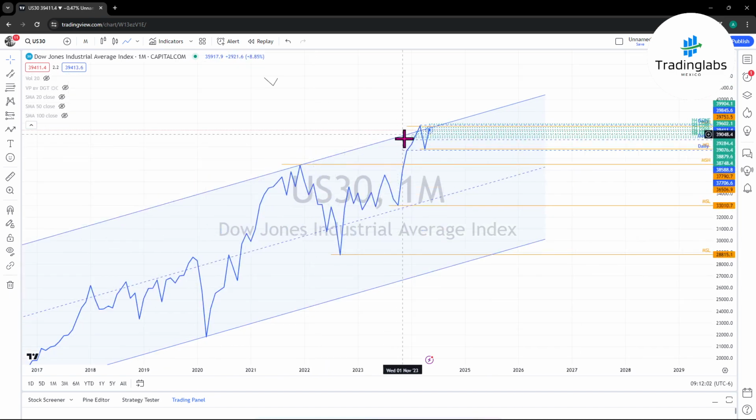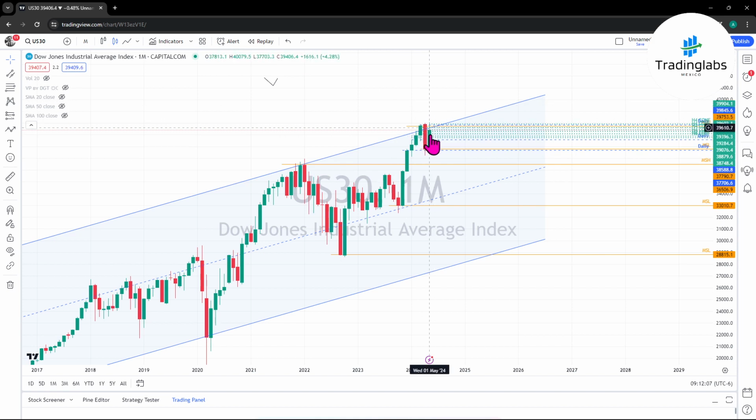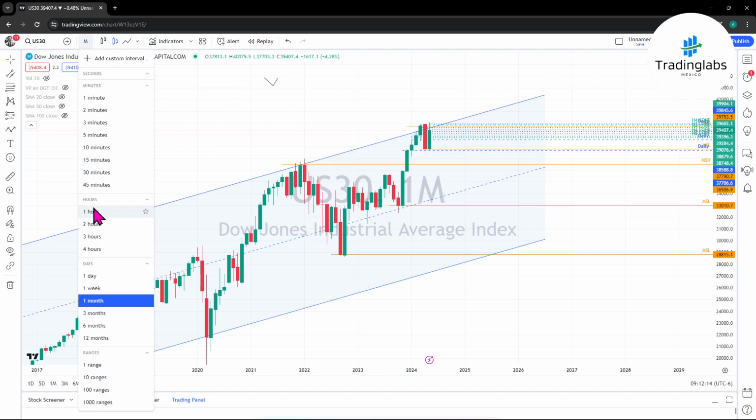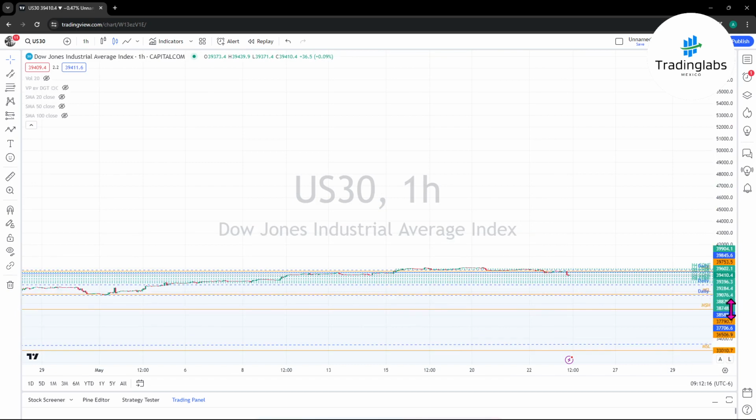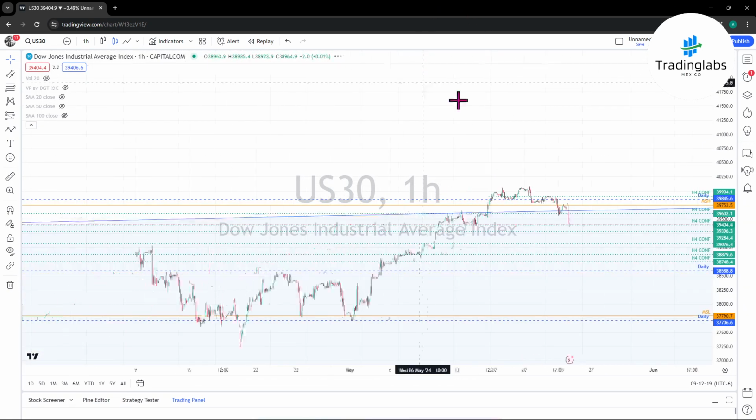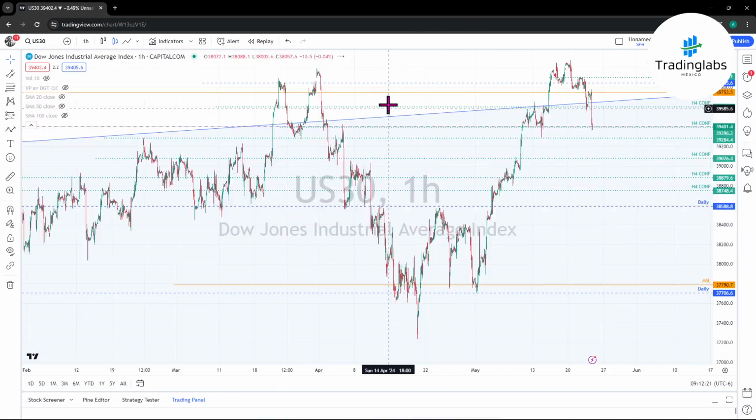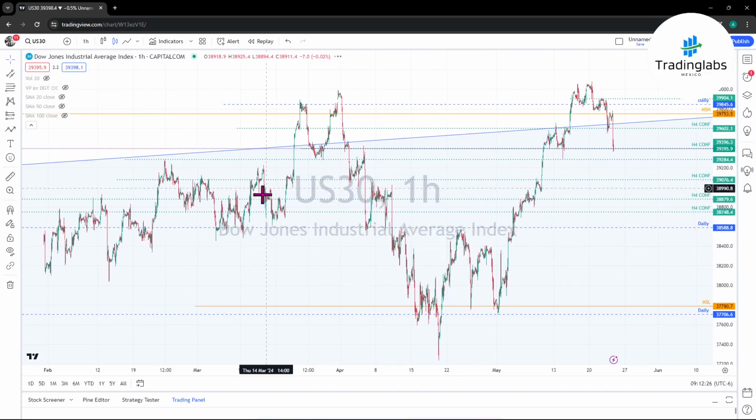And right now we are also at this high. That's why the market is reacting to the downside. You have to understand that in the small time frame, it reacted to this main trend line channel. The market broke it, retested it, but it failed down. Also, once again, it broke up, and right now it's failing down.